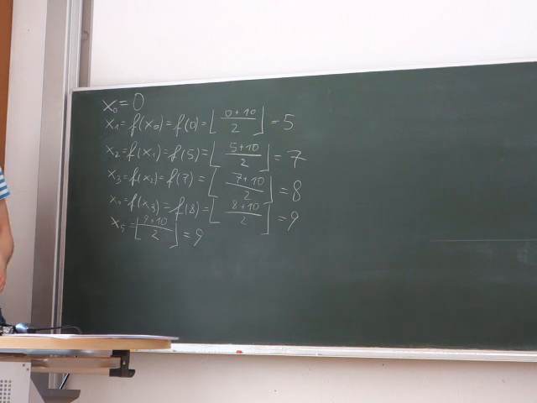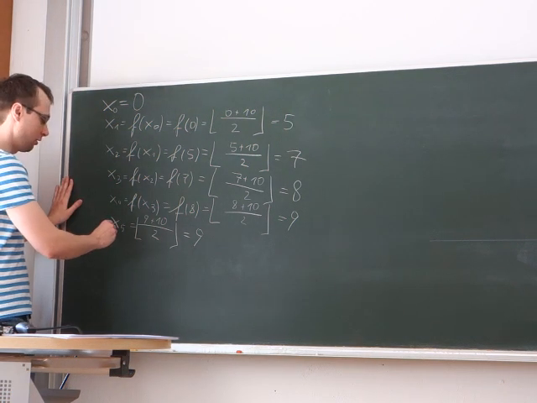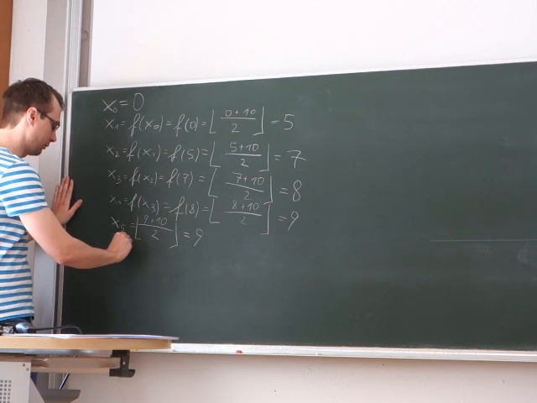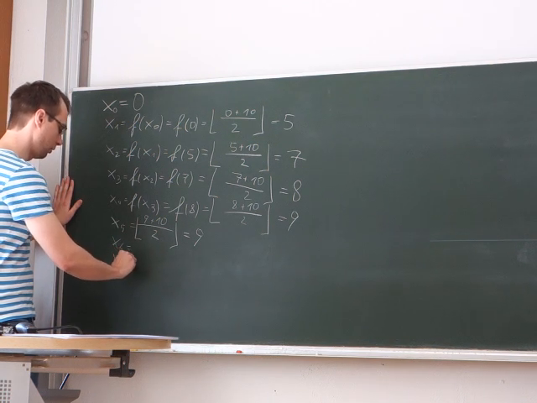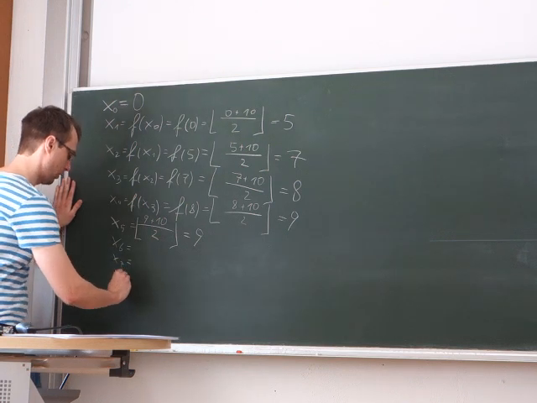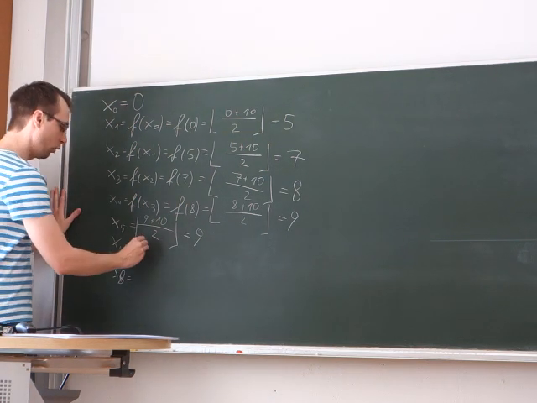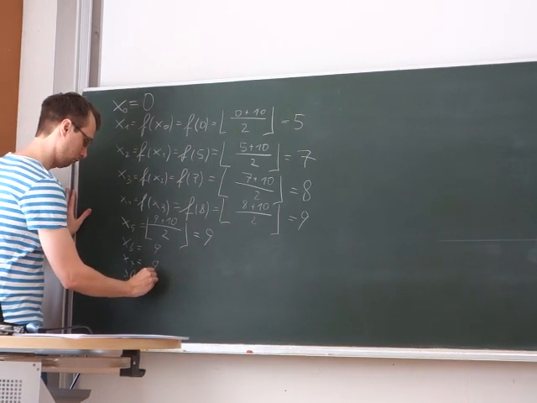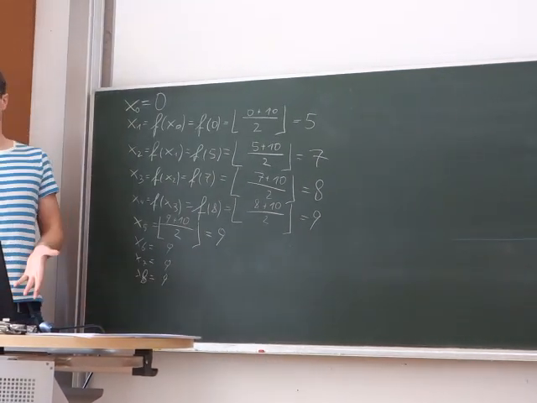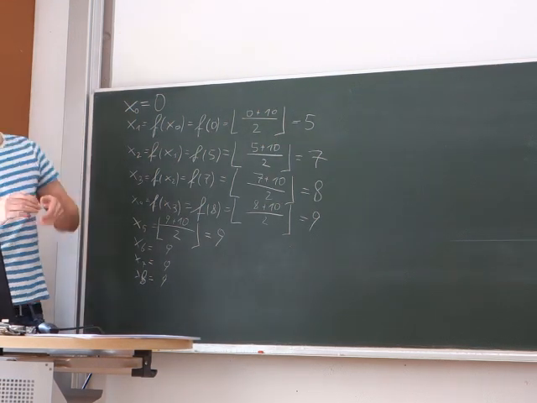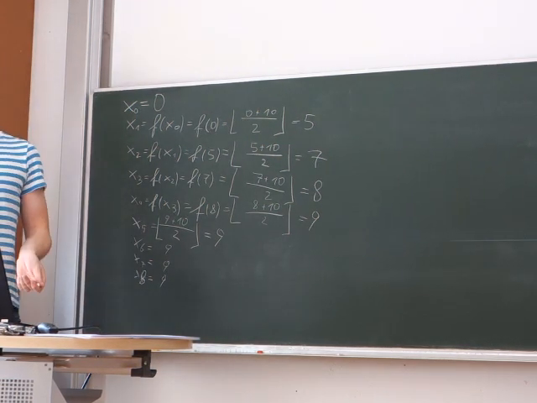Basically, what we could do is continue here also, computing x6, x7, x8, and so on. But what would we get? We would always get 9, because by applying f to x, we always get the same value again.